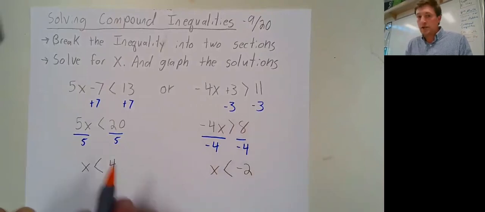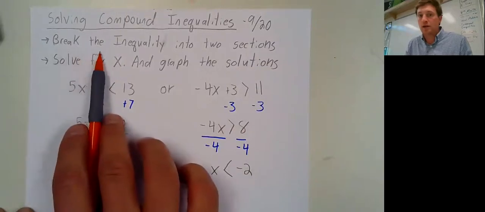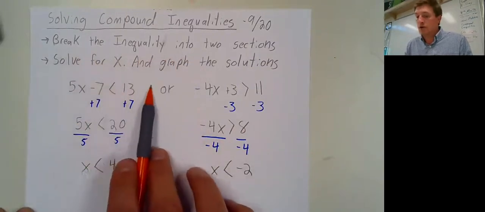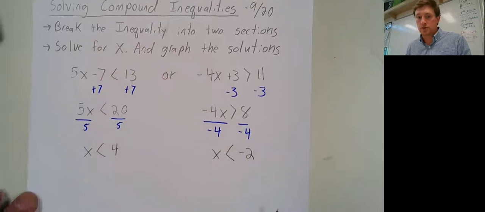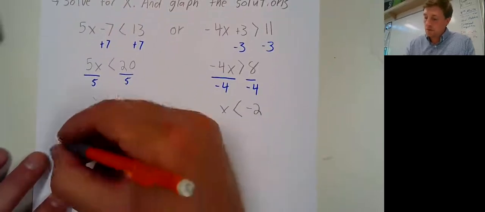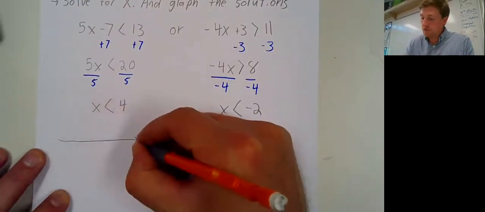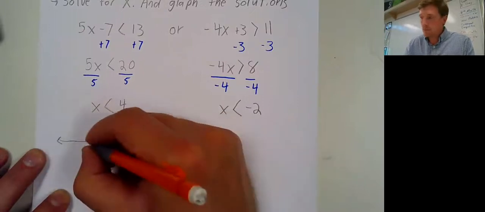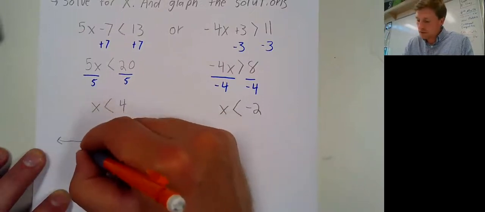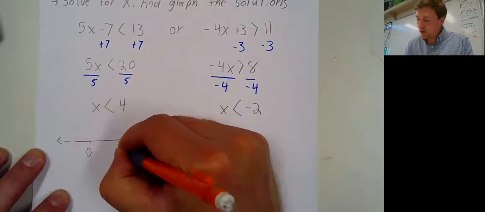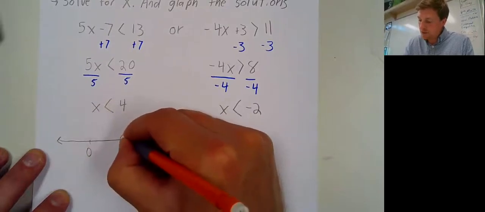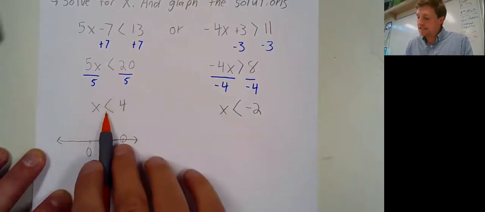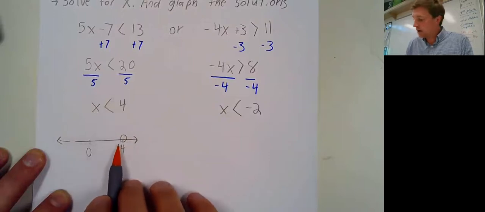Cool. Okay, so we've done the first step. We've broken the inequality into two sections. Then we've solved for x. Now let's just graph the solutions. Same idea as what we've been doing. Let's just do 0 and 4. I've got an open circle. As long as x is less than 4, it works.